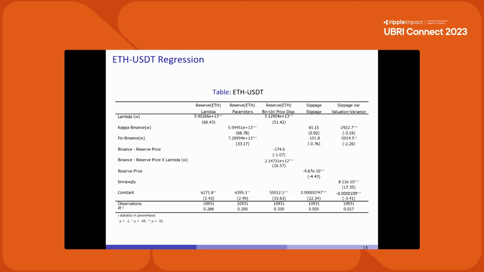Slippage is invariant. As you can see, the kappas and psi have no significant relationship with slippage. And then when there is more trading activity on Uniswap, at the same time there is less informed trading taking place in Binance.